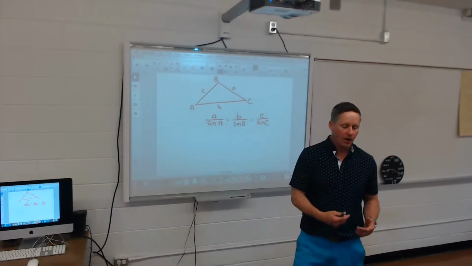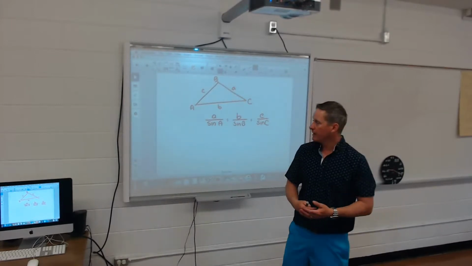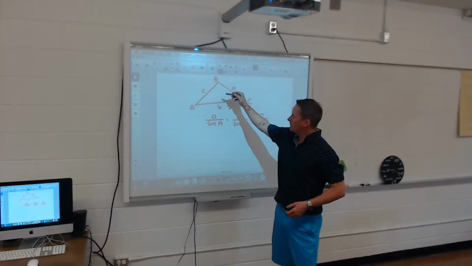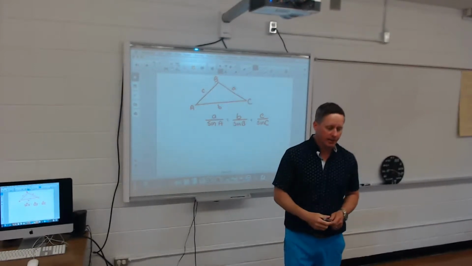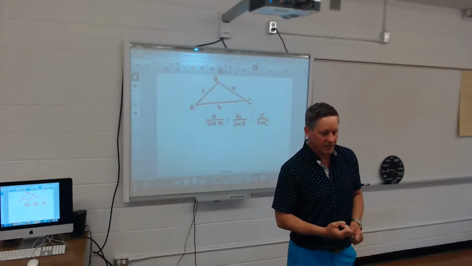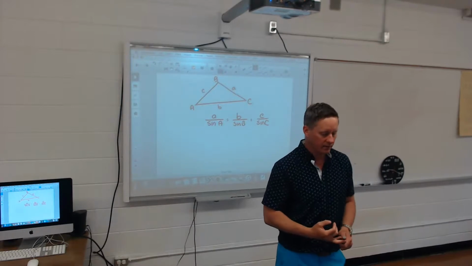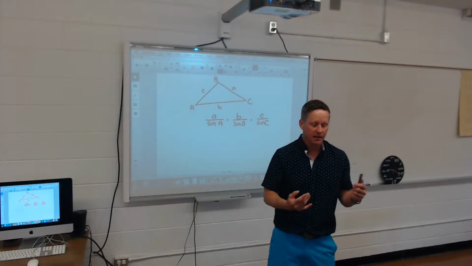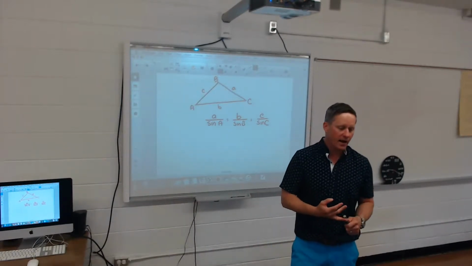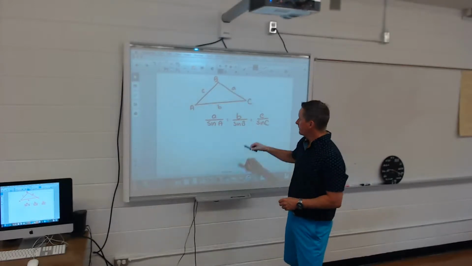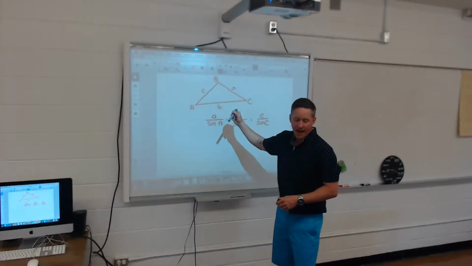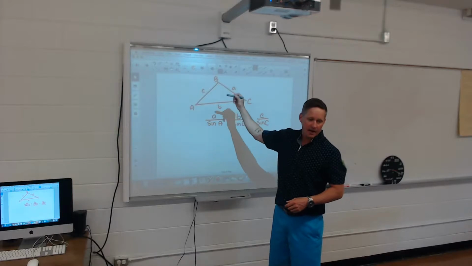Now where I use this is when I'm given a side and an angle across from it, and the triangle itself is not a right angle triangle. If it's a right angle triangle, you use sine, cos, or tan. But there's no right angle here. And I have to have an angle and a side across from it.